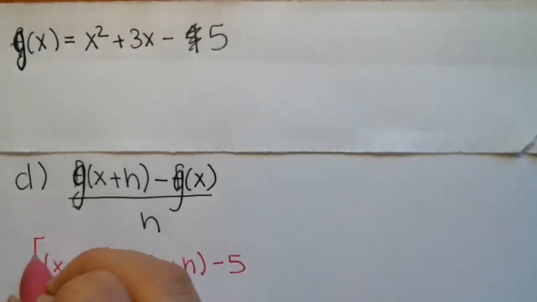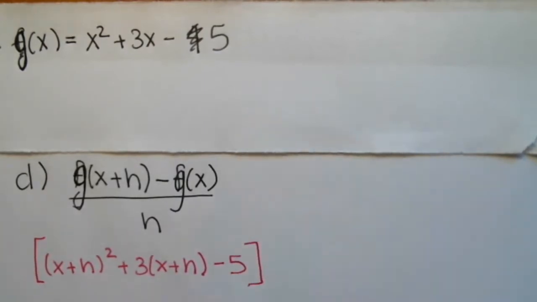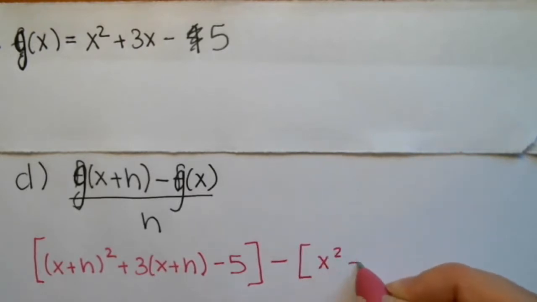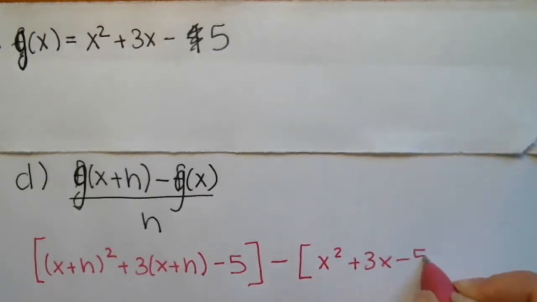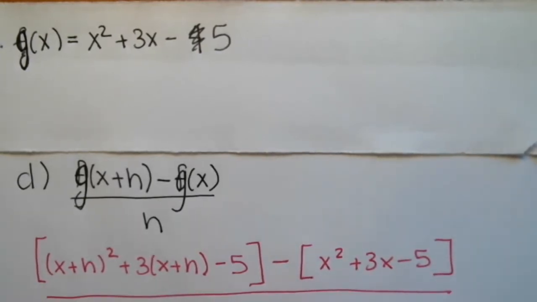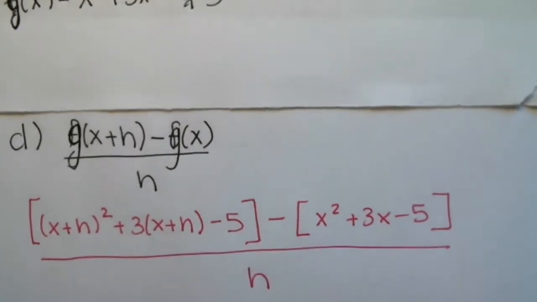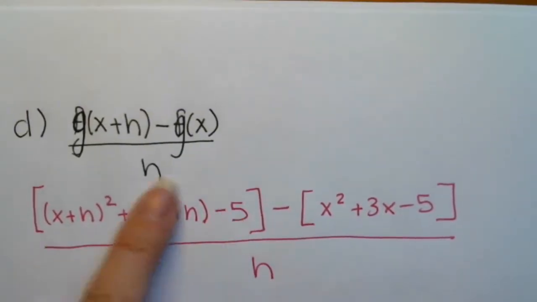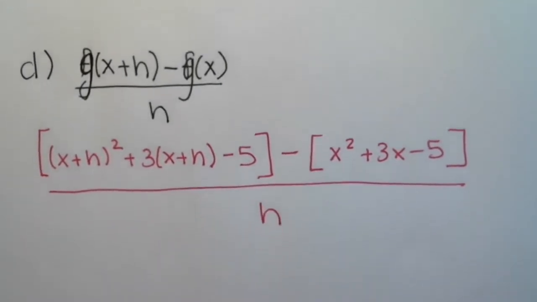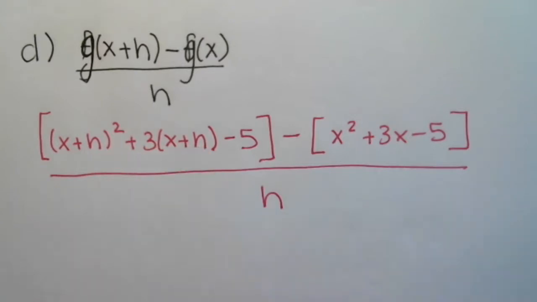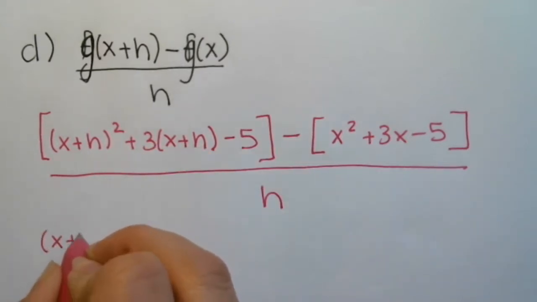So that's just g of x plus h. Then I'm going to subtract g of x, which is x squared plus 3x minus 5, and I'm going to divide everything by h. So for this part, I'm going to do exactly what I did in the previous example. I'm going to multiply this out, I'm going to multiply this out, and I'm going to add like terms.